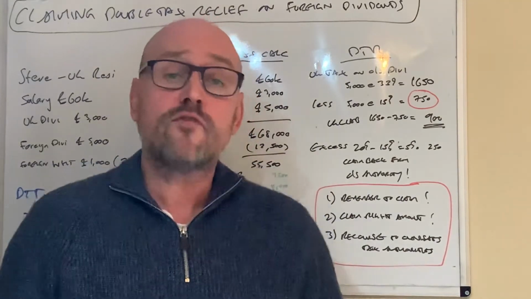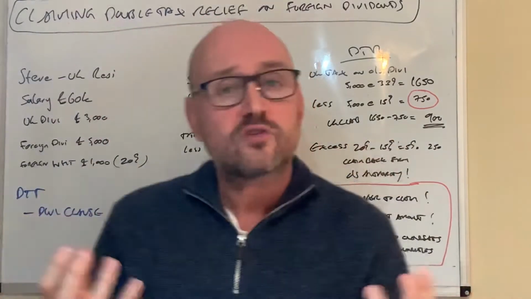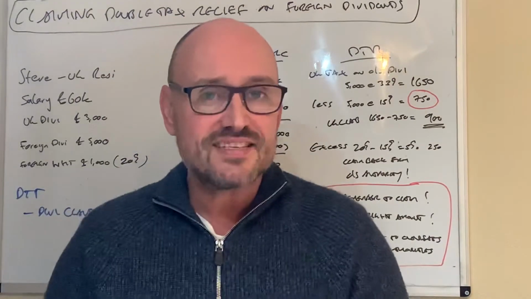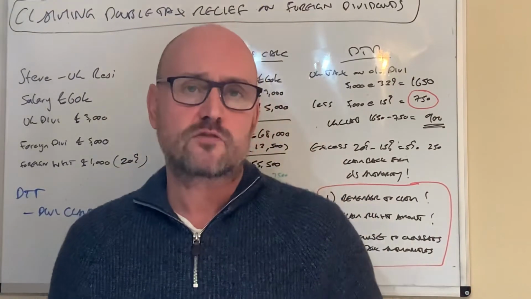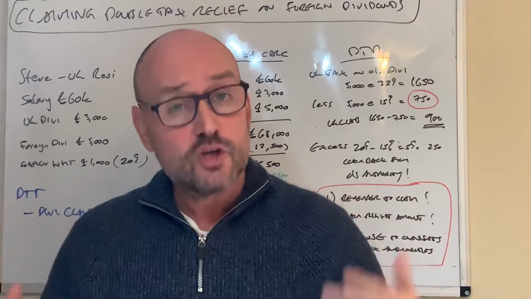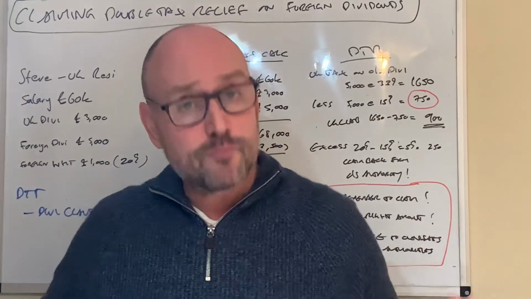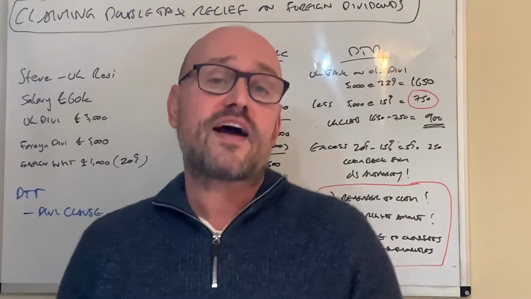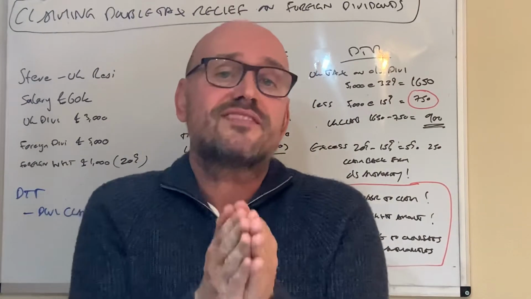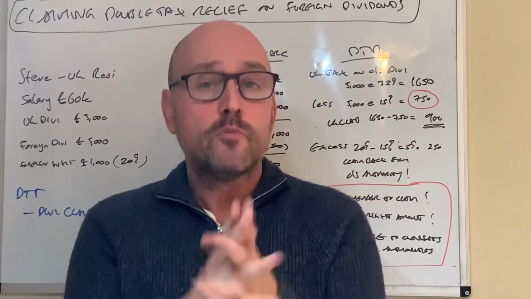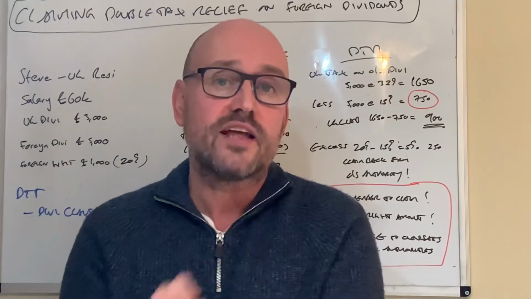So that's just an overview there on double tax relief for overseas dividends, applicable to many, many thousands of people now who will have to do this every year. And that's how you do it. But you've got to be armed with the facts in terms of what the tax treaty says between the country that's paying the dividends and the UK.